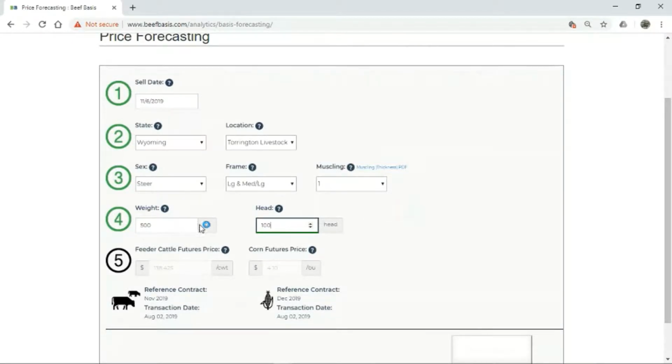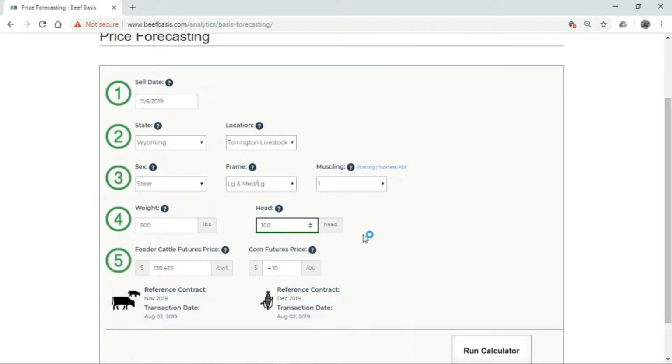As soon as we've entered all of this information, notice that the futures prices for feeder cattle and for corn have been populated in these fields below. We can change those if we would like, but those are the most recent closing prices for the two contracts. And we notice down here that we're using the November feeder cattle futures as a reference and the December corn futures as a reference.